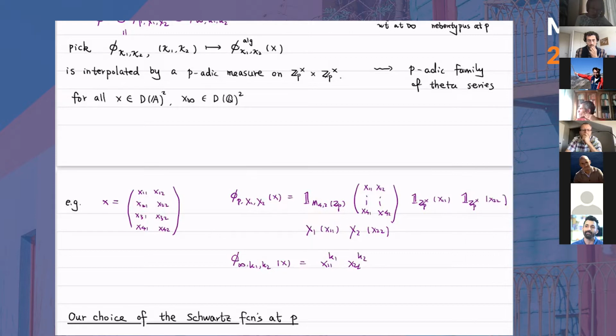And here, this is just the value of kappa 2, which is also interpolated by a delta measure at x22. So you see, you can easily pick some interpolatable Schwartz functions and then you get a family of theta series. This is good in the sense that we can easily get a family, and we also have a lot of flexibility here.